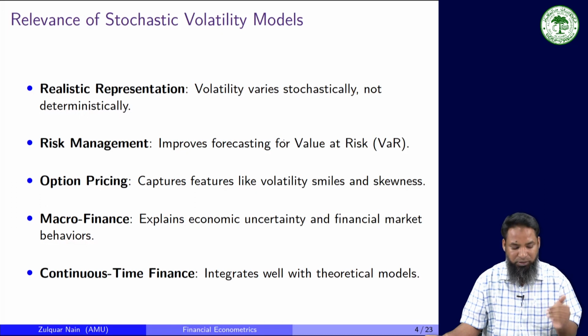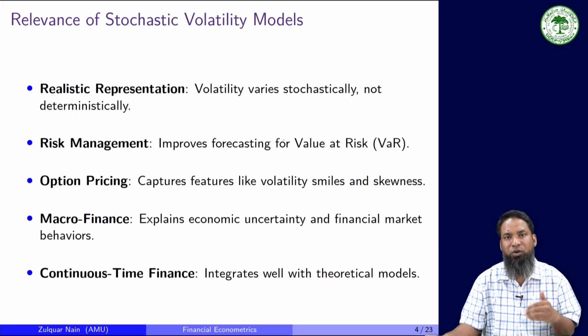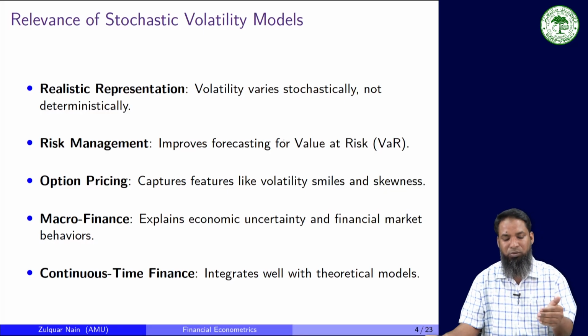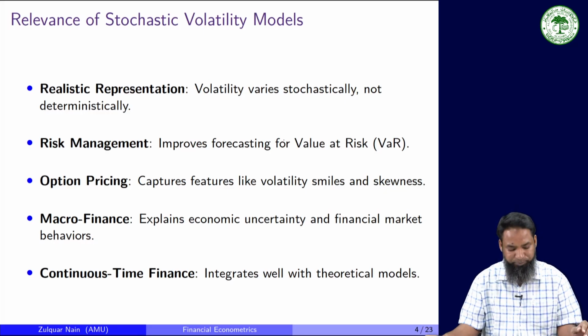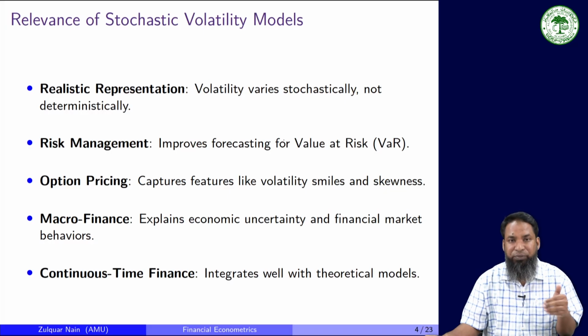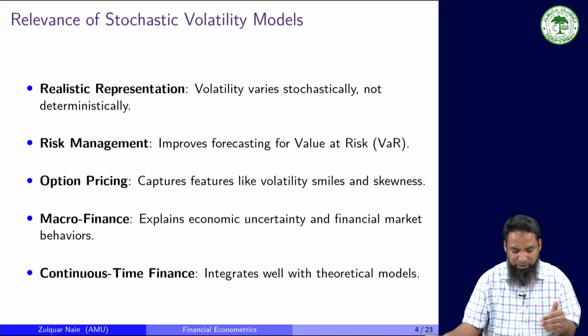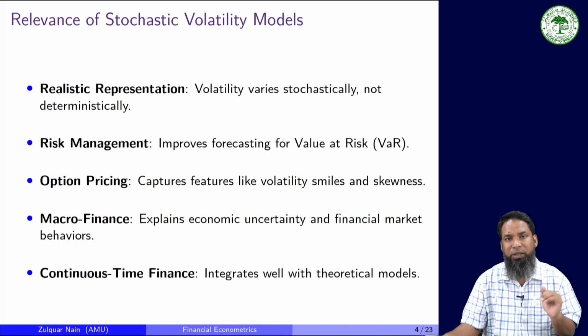The fourth relevance comes from the fact that in the macro-finance relationship, uncertainty in the financial market is quite a common phenomenon we are observing. Again, in GARCH, that particular phenomenon is not able to be captured, so it could be captured through the stochastic volatility model.